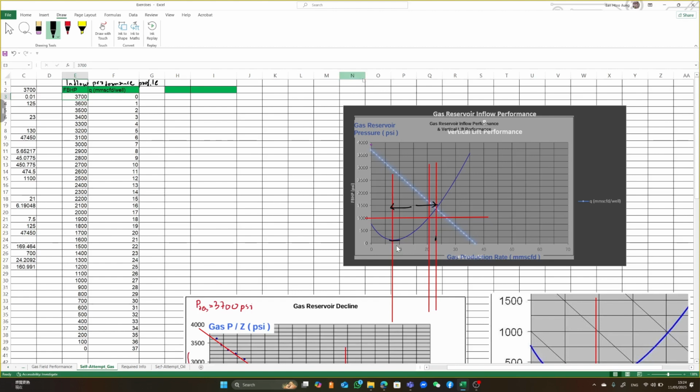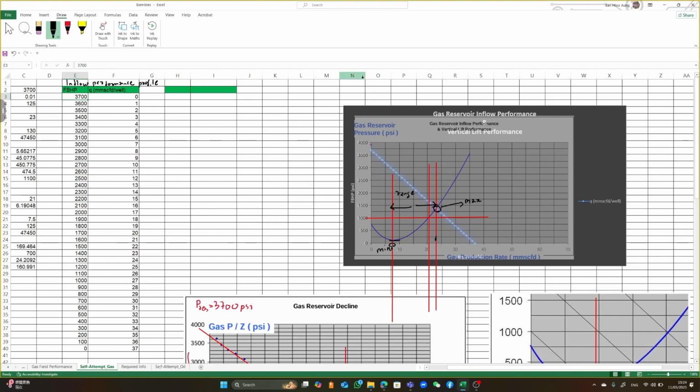So 7.5 to maybe 23 million standard cubic feet per day is our production range, with this being the maximum, the intersection point, and this being the minimum flow rate.